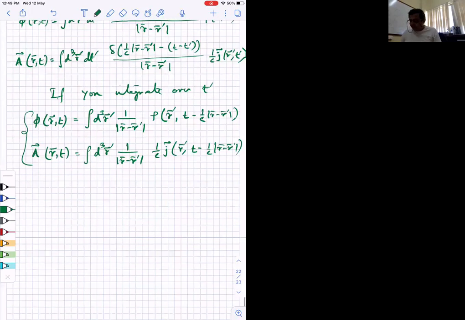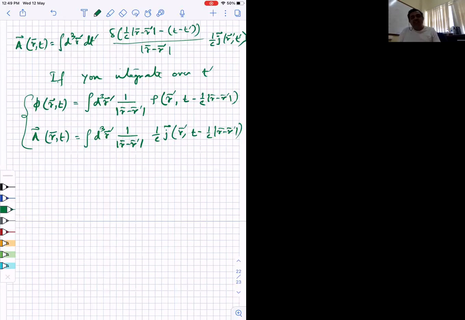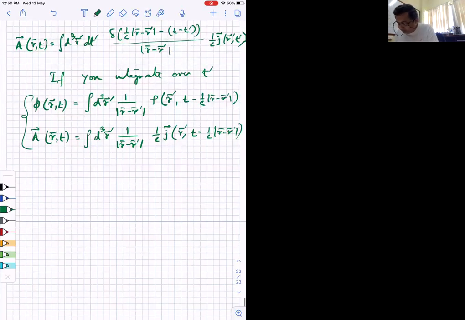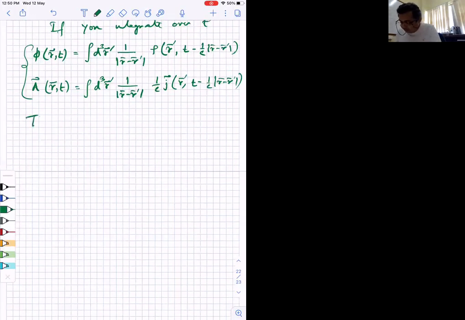If you remember, this is nothing but what you found previously, the Liénard-Wiechert potentials. When you did radiation, what we got was the Liénard-Wiechert potential. So these are the Liénard-Wiechert potentials.